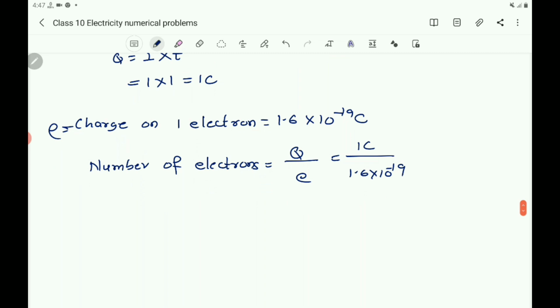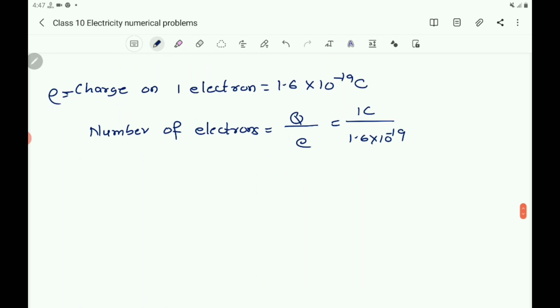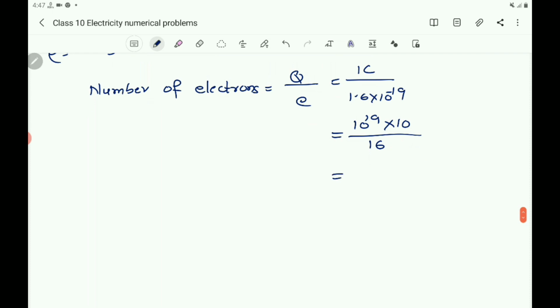That equals 10 power 19 into 10 by 16, so you got 10 power 18 into 100 by 16.